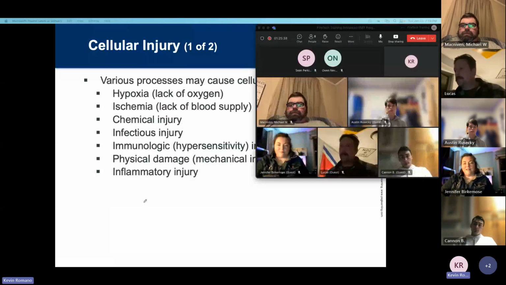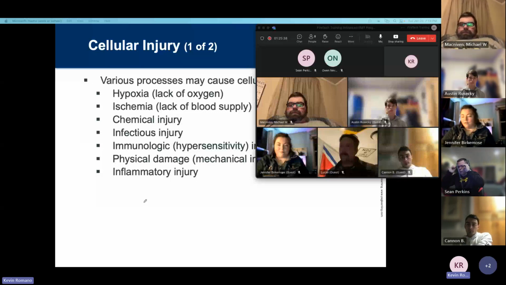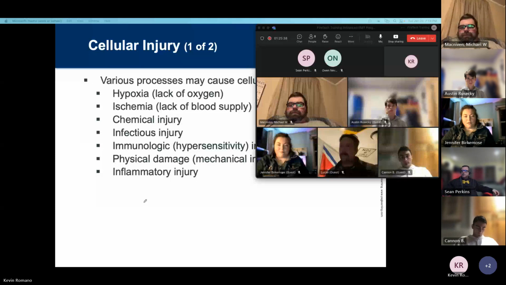So, cellular injury. So there are various processes that can cause cellular injury. And we're going to go over more of these in detail later on throughout the program as well. So the first one's hypoxia, lack of oxygen. Okay, we can fix this, right? We can oxygenate somebody.